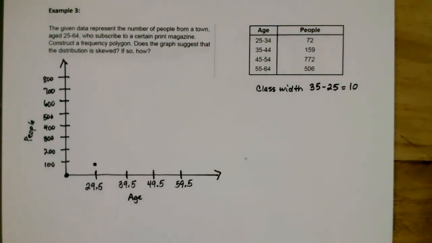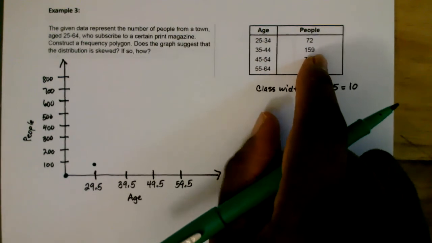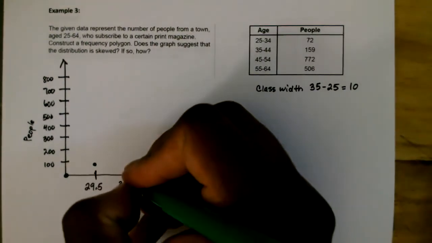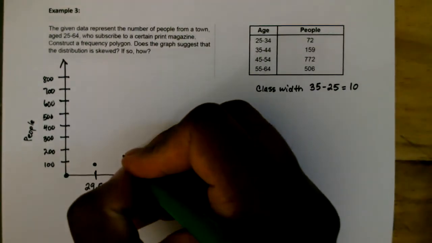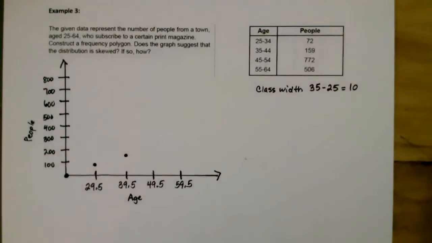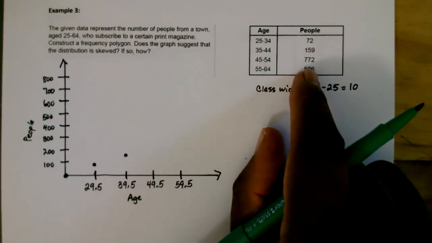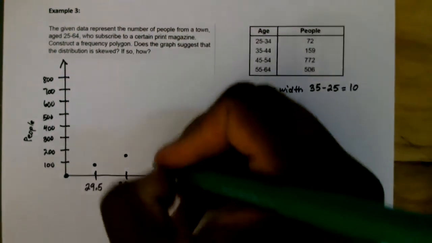And 39.5 is the class midpoint for 35 to 44. The number of people there is 159. So 159 will be about right here. And 49.5 is the class midpoint for 45 to 54. The number of people there is 772. So that point's going to be way up here somewhere.